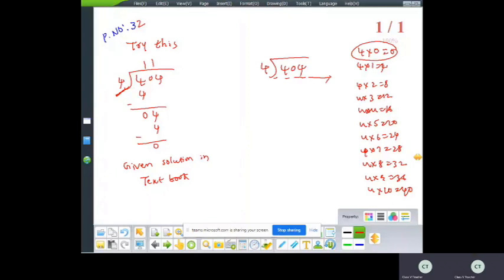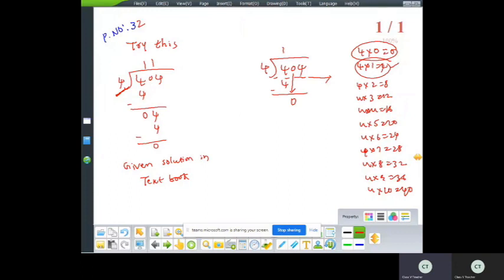The first number is 4. In the 4 table, 4 is there, that is 4 ones are 4. 4 minus 4 is 0. Now you write 0. A number starting with 0 has no value for 0. Now the second digit, 0, will come down.